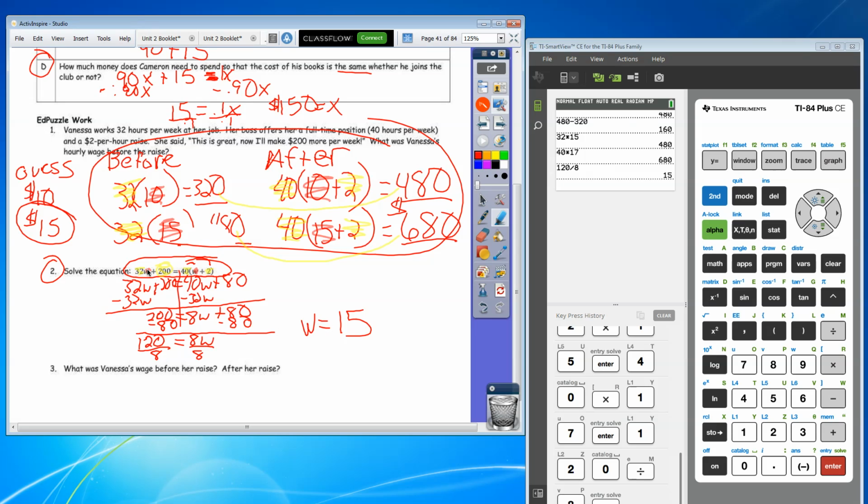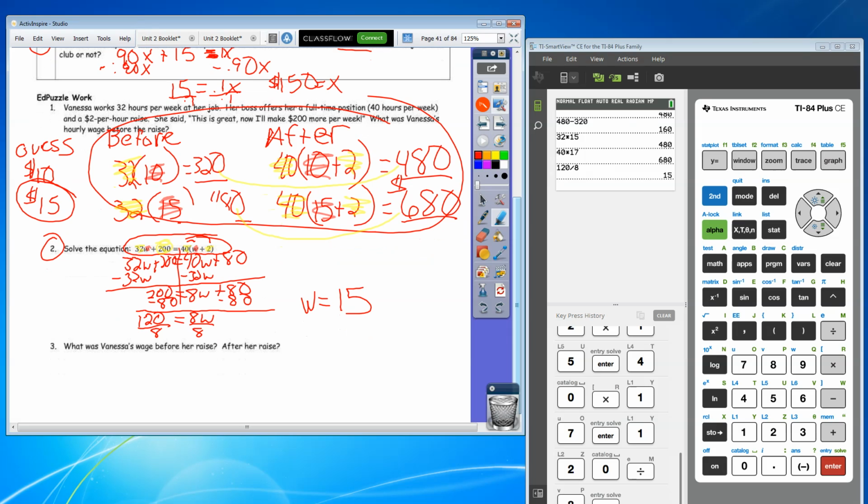So I'm going to teach you this method called guess, check, generalize. That's how we're going to solve word problems or come up with equations for word problems. Now the question is, what was Vanessa's wage before her raise, and what was her wage after her raise?